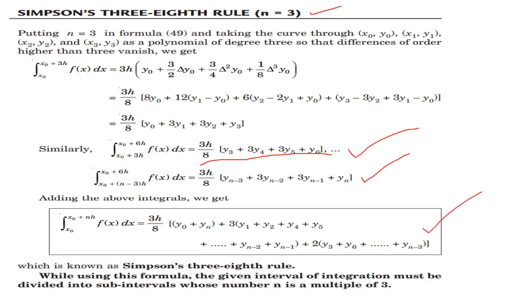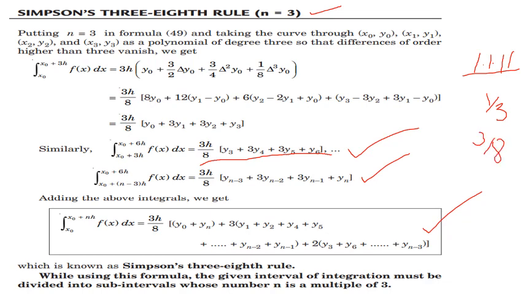So what you see from this is that when the number of strips is even, where n is the number of strips, you use the Simpson's 1/3 formula. When the number of strips is a multiple of 3, then you will use the Simpson's 3/8 formula.